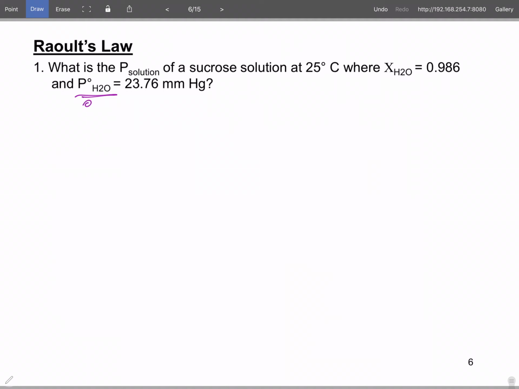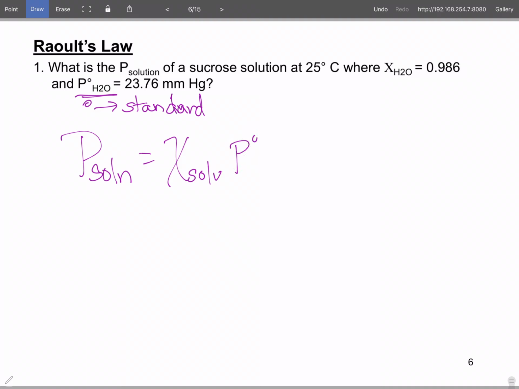Remember, the degree symbol indicates that that's your standard, so in this case, that's going to be your pure solvent. So the pressure of the solution is equal to the mole fraction of the solvent times the pressure of the pure solvent, which in this case would be your mole fraction of water times the vapor pressure of pure water.